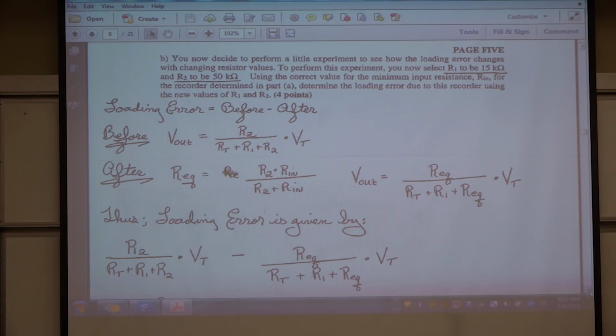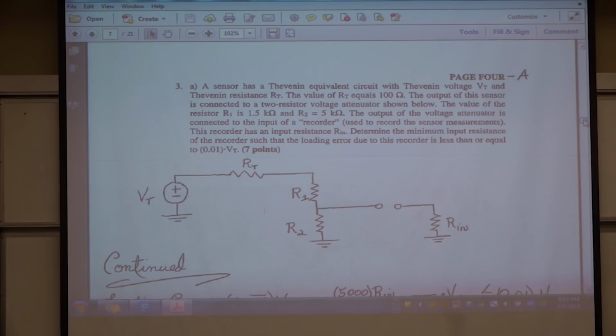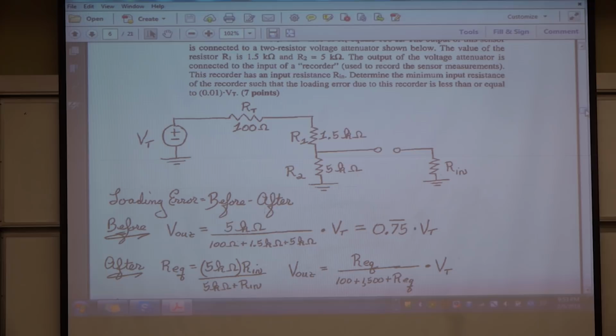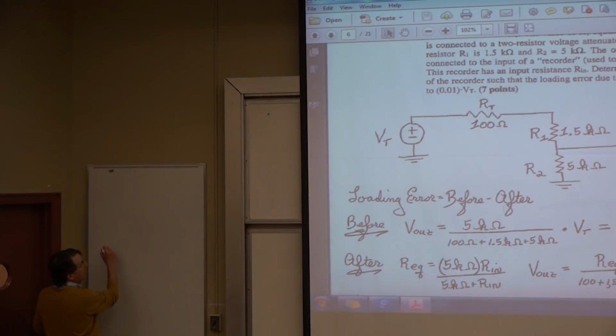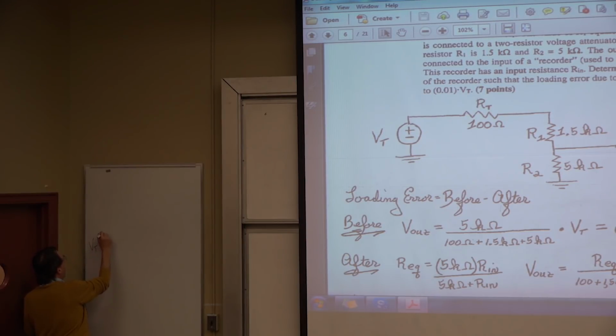So let's just think for a moment. Forgive me for just a moment. We had this here, right? What was the voltage divider? We had plus and minus VT, and then we went through a resistor here and one here.